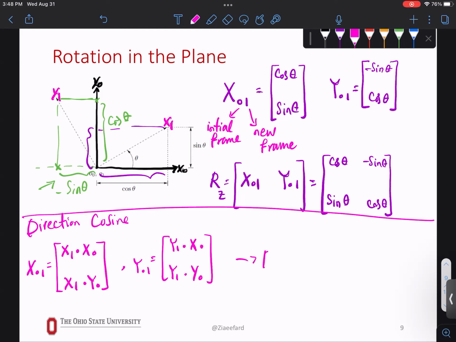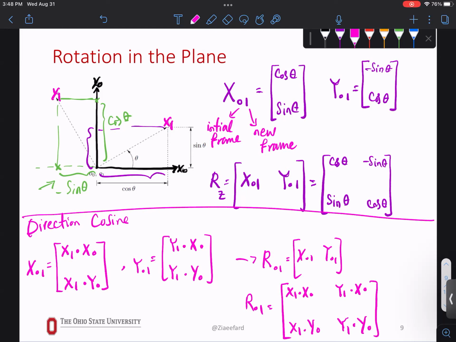Then R is your x01, y01. If you put them together, R01 is going to be x1 dot x0, x1 dot y0, then y1 dot x0, y1 dot y0. Do you see a pattern here? Look at this.